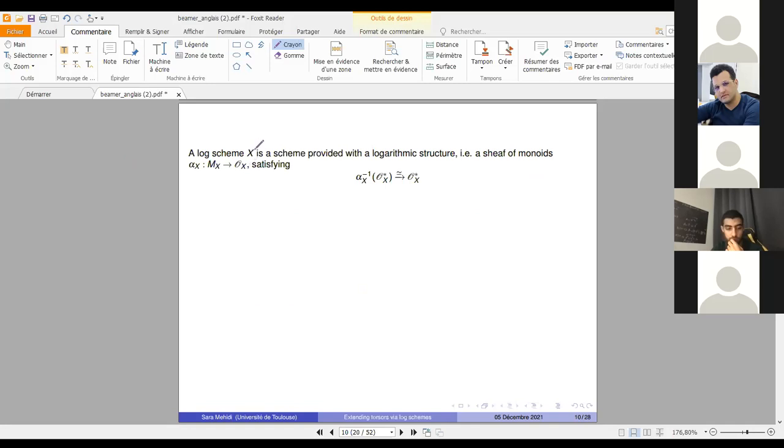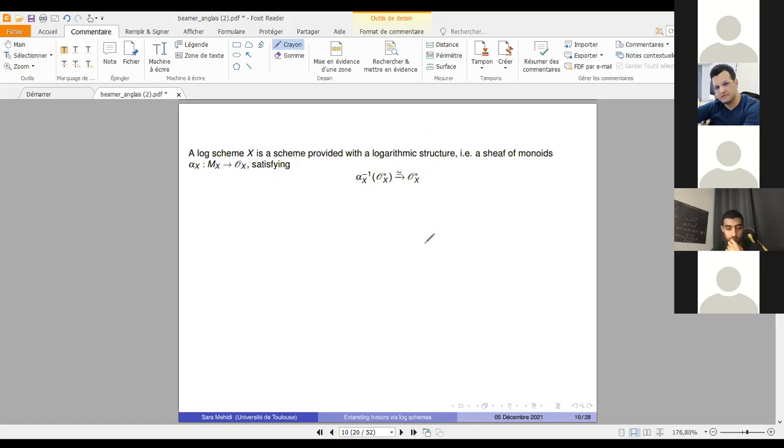So I call a log scheme X a scheme provided with a log structure. Here O_X is the sheaf which comes with the scheme X, and I call a log structure the data of a sheaf of monoids denoted M_X that maps to O_X. So this is a pre-log structure, and I will say that this is a log structure if the inverse image of the invertible elements of O_X is isomorphic to the invertible elements of O_X.